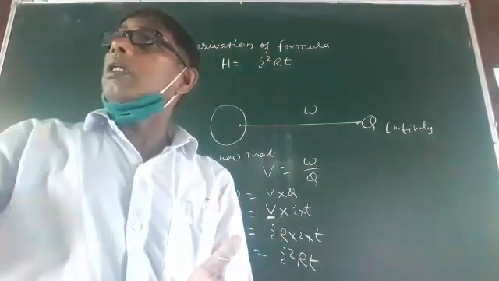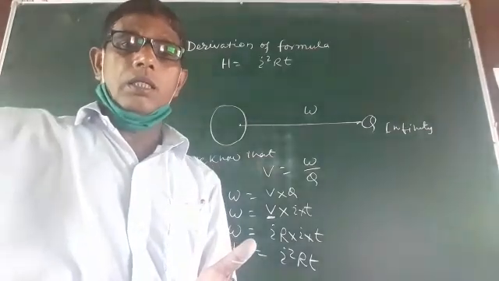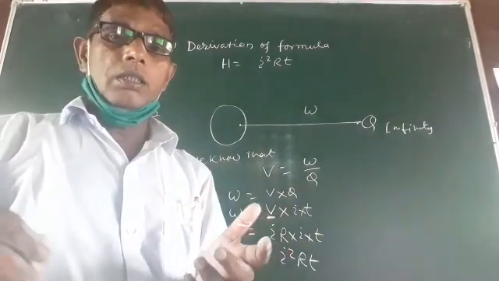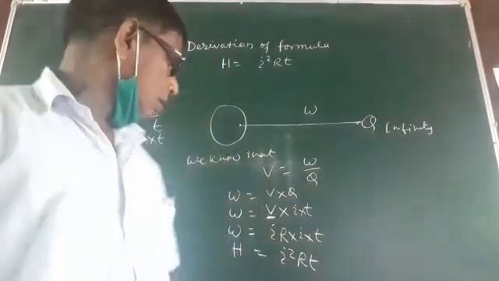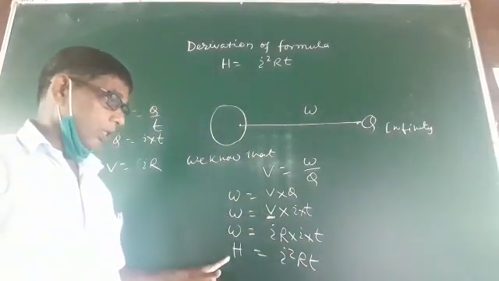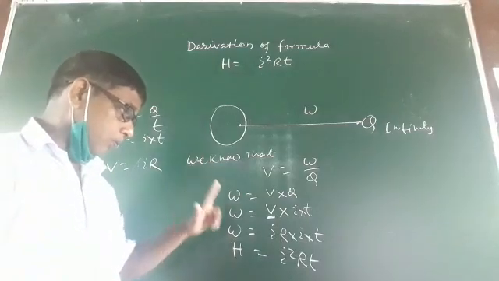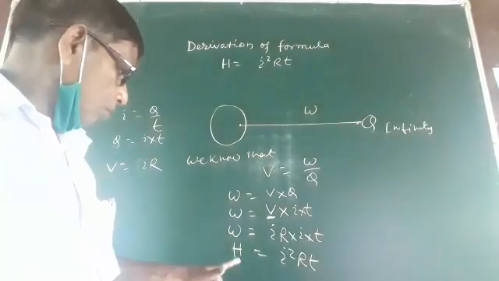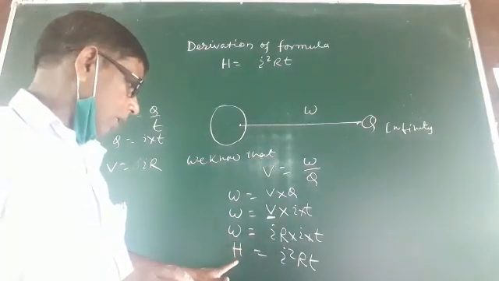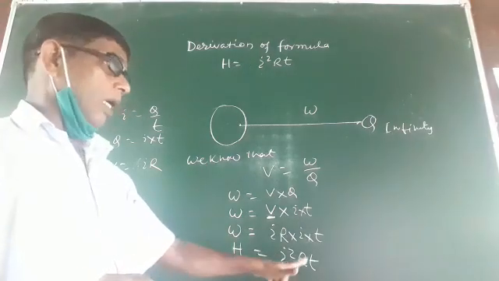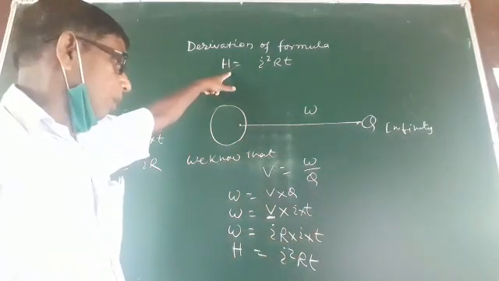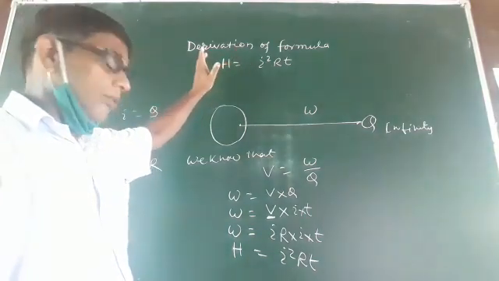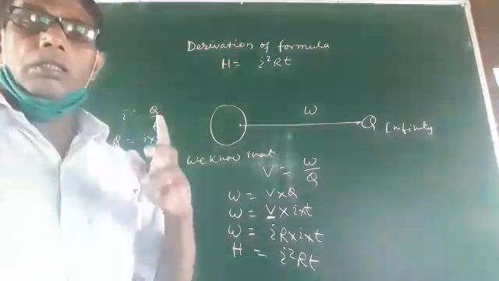That's why when electric current is flowing in any electric iron or apparatus, there is production of heat, that is, the work done is stored in the form of heat produced. Whenever work is done, heat is produced. So in place of W, I have written H equal to I square RT. This is the formula, and this is the way to derive this expression to calculate heat.